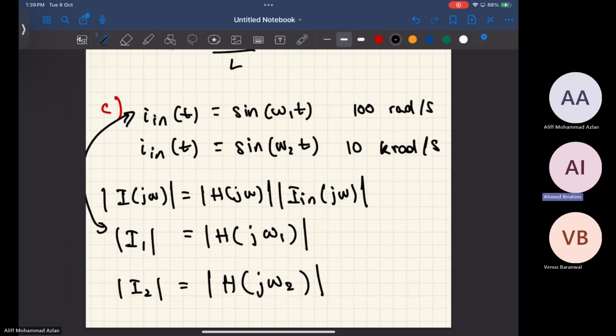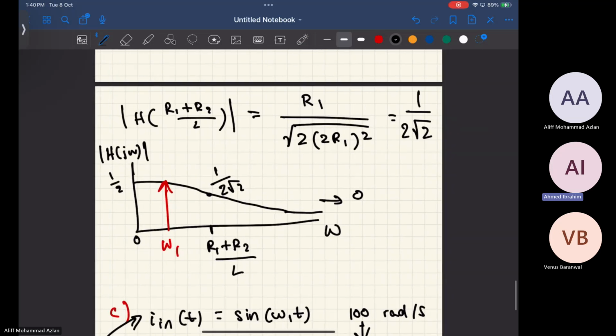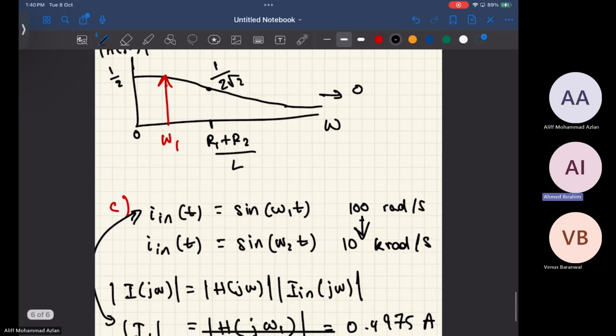Evaluating that gives us 0.4975 amps for this one, and 0.04975 amps. A quick sanity check: it's roughly 10 times smaller when we increase the frequency, and that is consistent with the graph. As we go further to the right, we can see the value decrease.